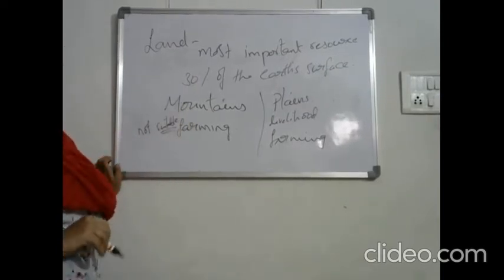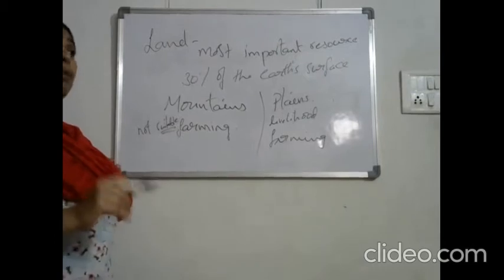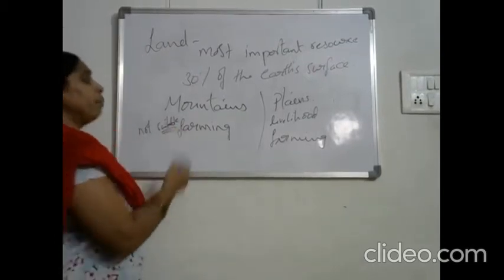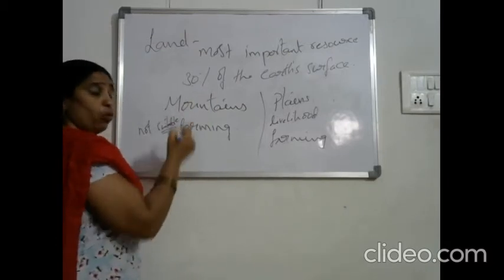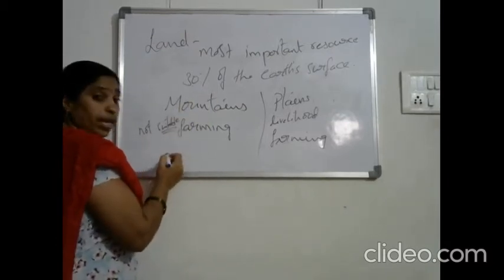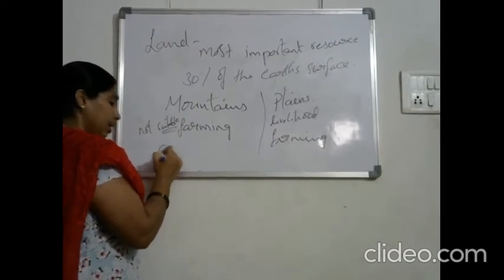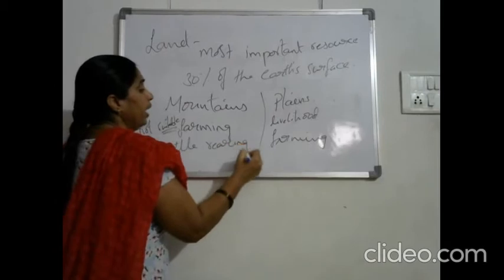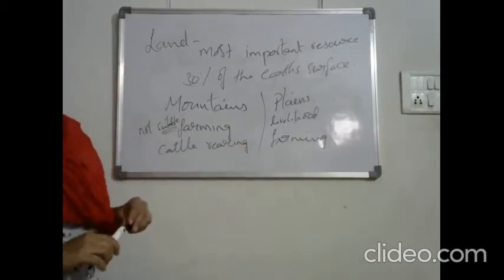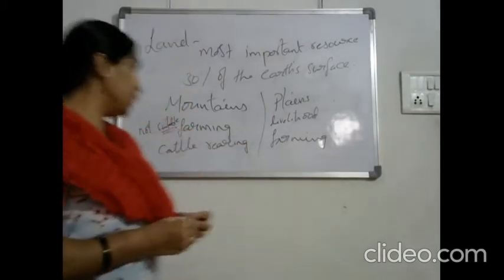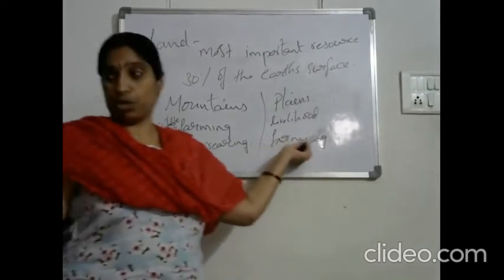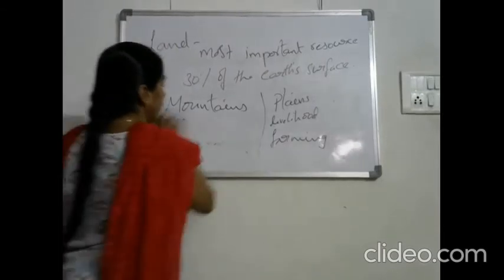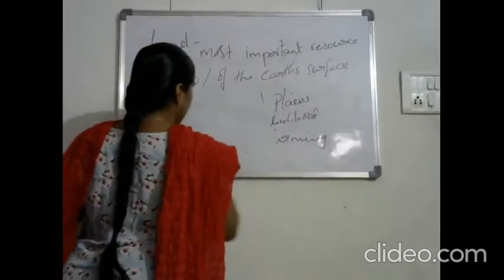People cannot live there easily, and the people who live near the mountains mostly depend on cattle rearing. So when we compare mountains and plains, plains are more habitable than the mountains.